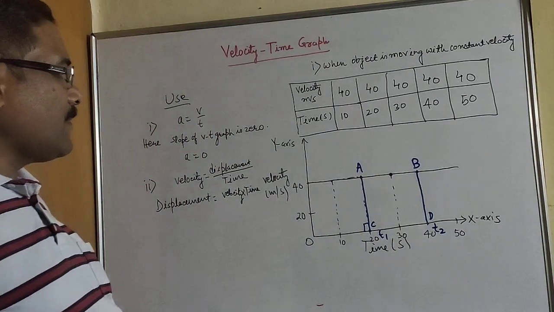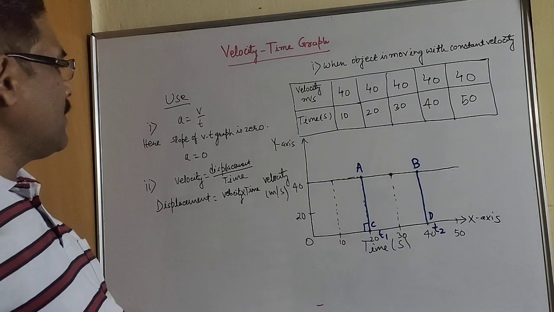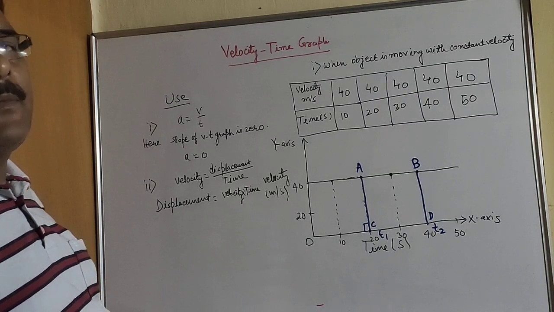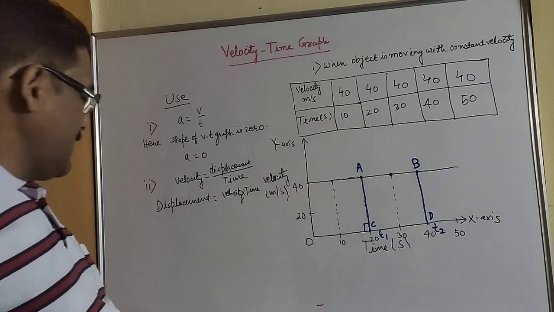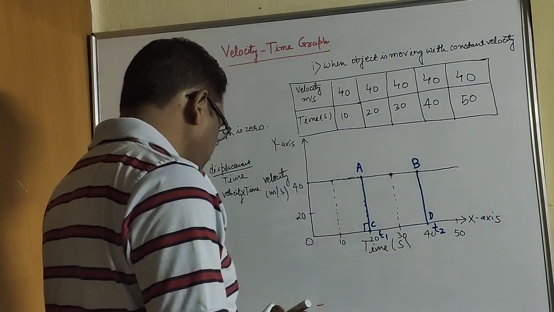So how can we calculate the magnitude of displacement between point A and B? It means you have to calculate the area.